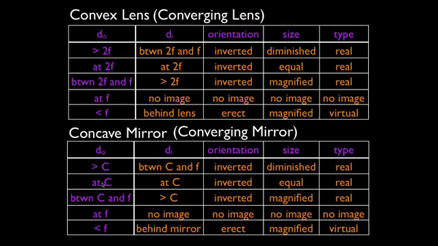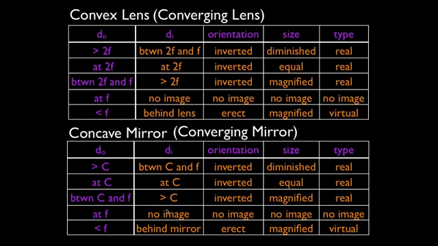When the object is at C, the image is at C. When the object is at 2F, it's inverted, the same size, and real. When we're at C, it's inverted, the same size, and real. So all of the answers are the same. Another example, when you're at F, no image. When you're at F, no image.